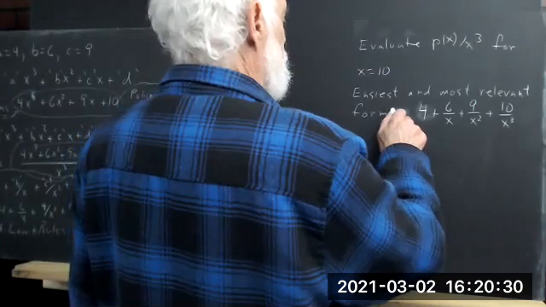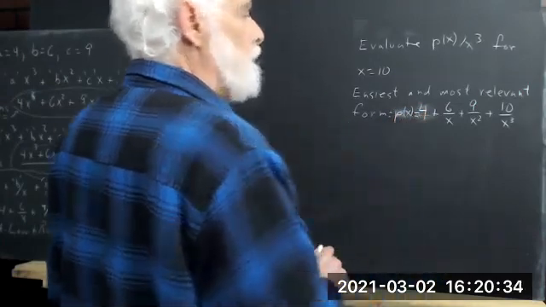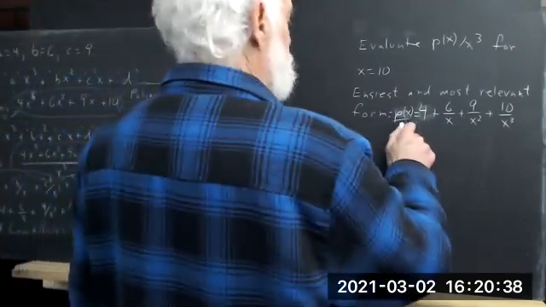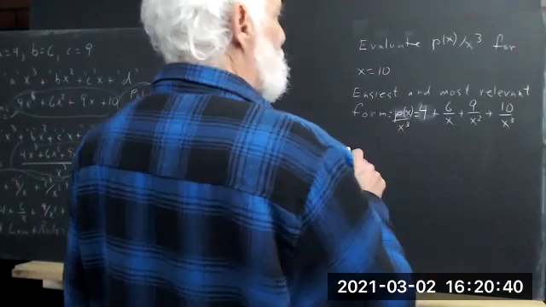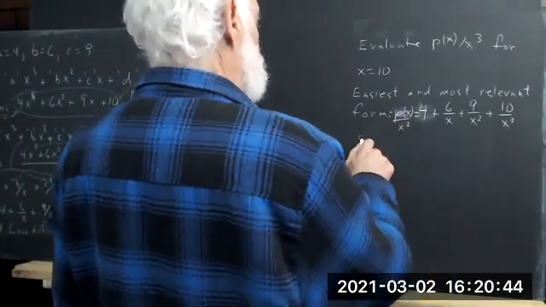And I want to put P of X there, so I'll just punctuate it like this. This is going to be P of X over X cubed equals this.